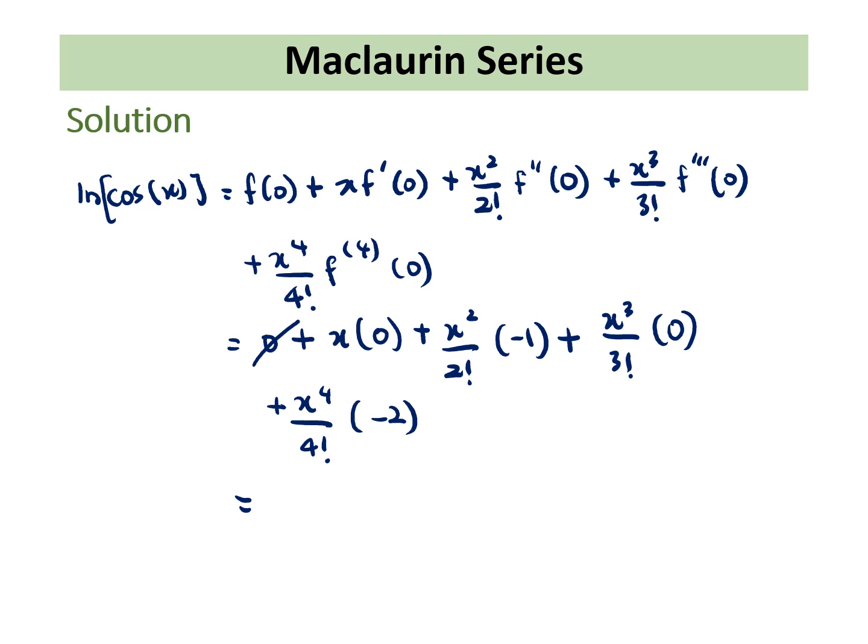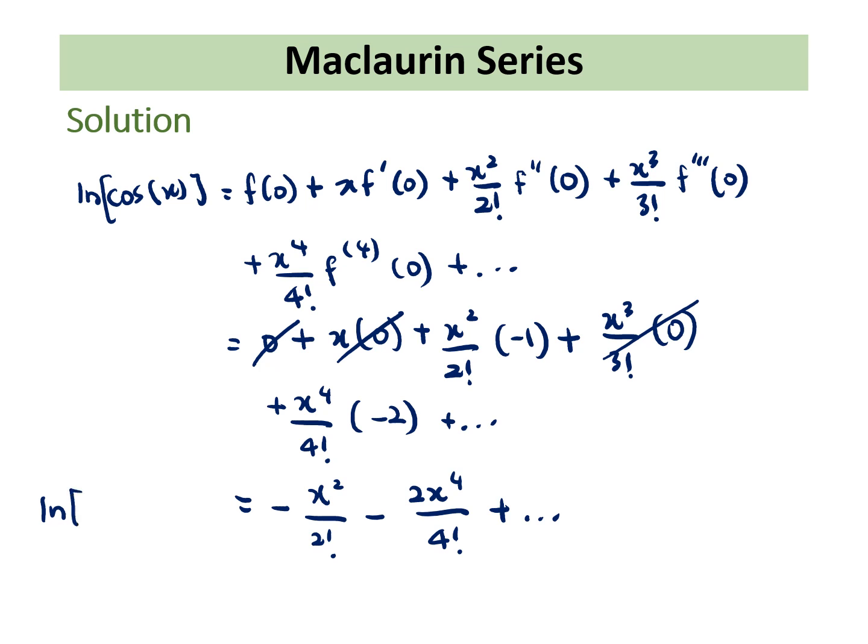Simplifying this, we get 0, 0, negative x squared over 2 factorial, then 0, and this one will be negative 2x to the power of 4 over 4 factorial. So that is the expansion of ln cos x.